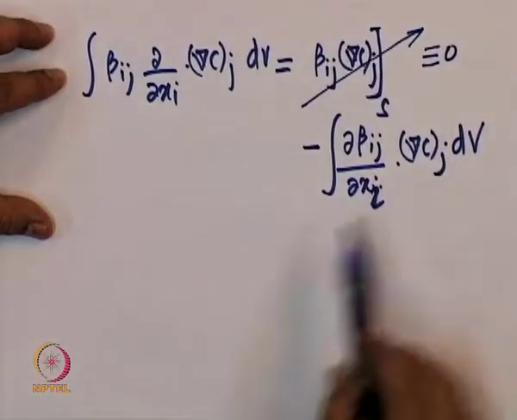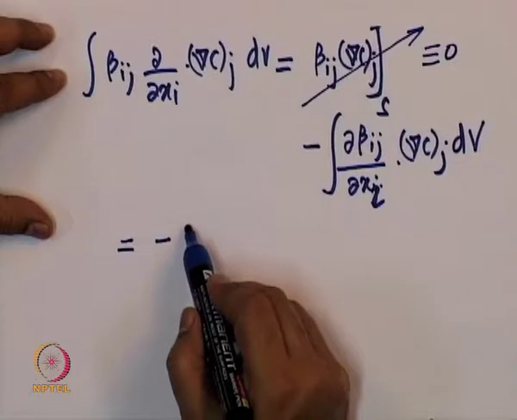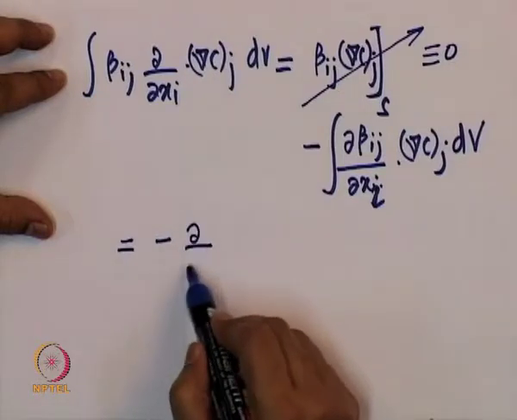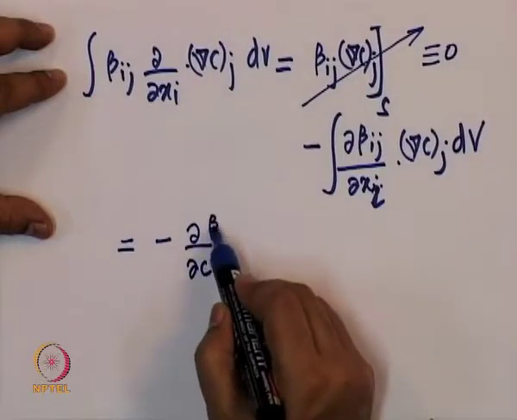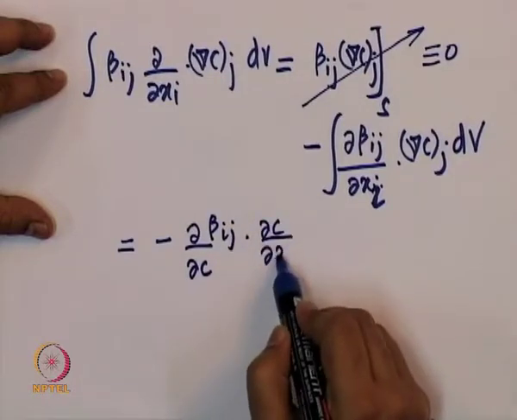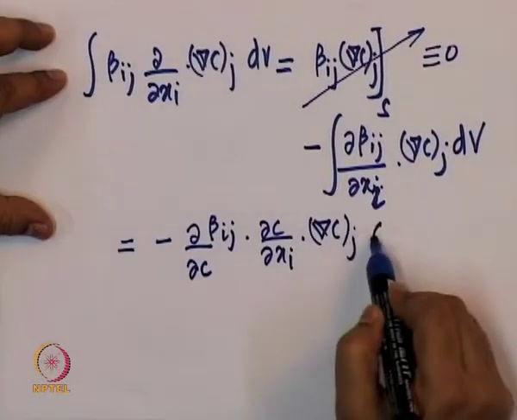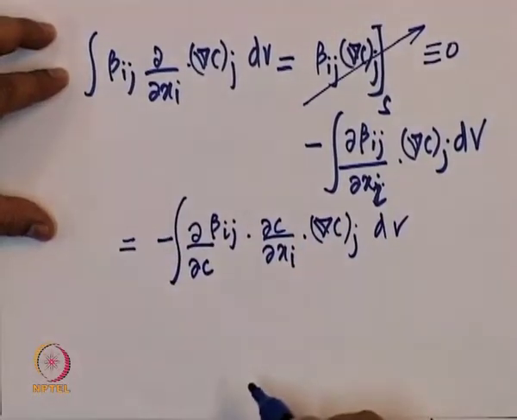So, we consider this, and it can further be written as minus the integral of ∂beta_ij/∂C, ∂C/∂x_i and ∂C_j dV.